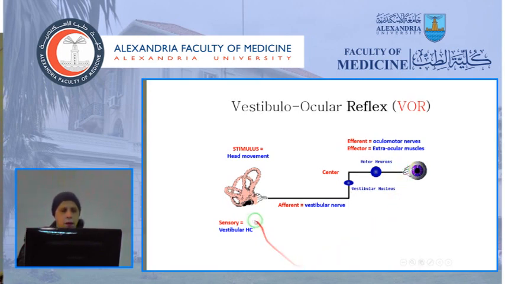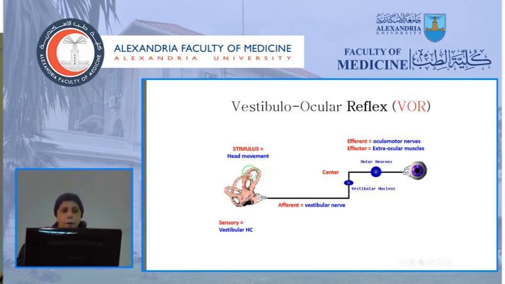So in this context, we have head motion or head movement in an angular fashion. So it's like moving like a ball in an angular fashion. If it moves in a horizontal direction, you are mainly stimulating the horizontal semicircular canals. If the head is moving in a vertical direction, it is stimulating the vertical canals.